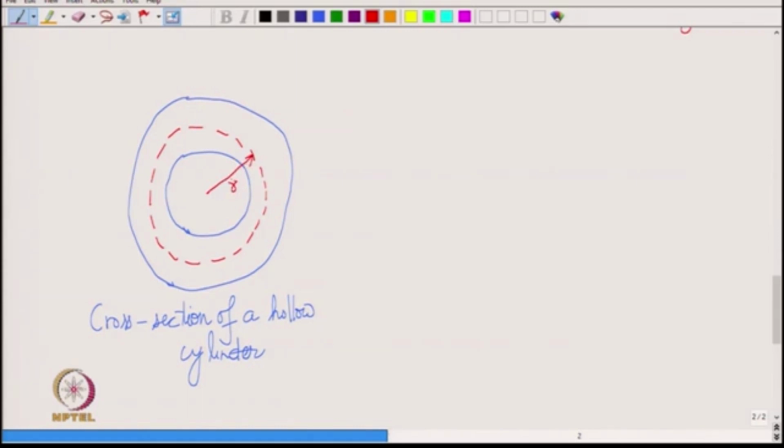So, after deformation, this line will then be at small r plus u r, right, because we only have u r as the displacement. So, after deformation, this red line will change to the blue dashed line.